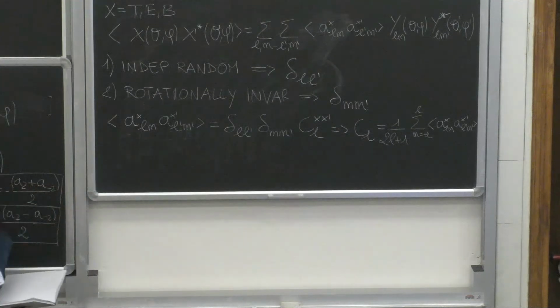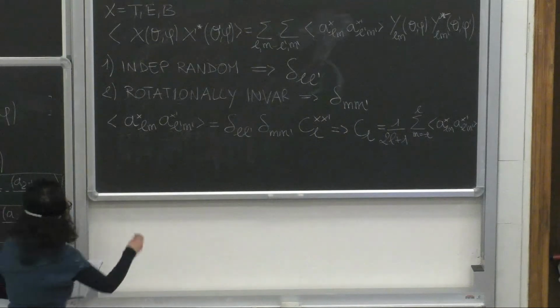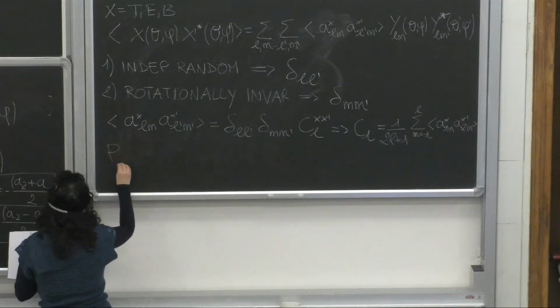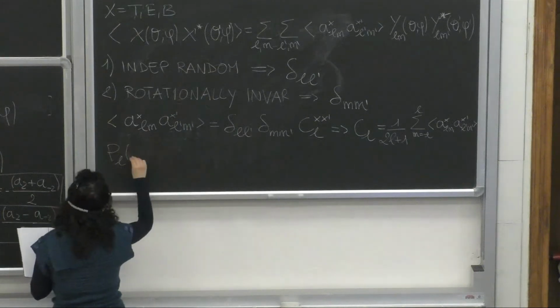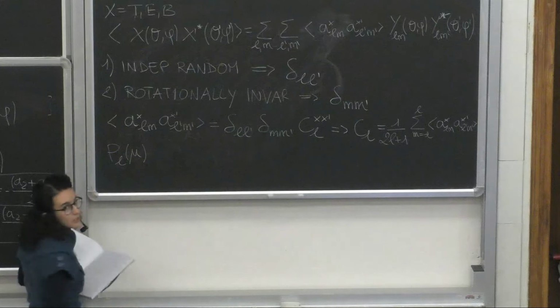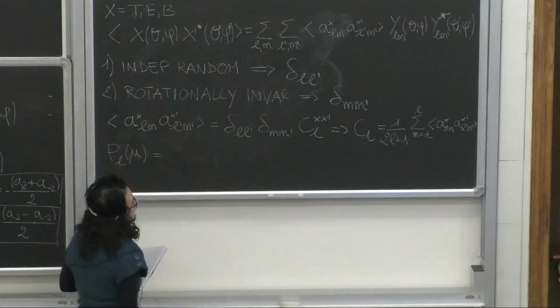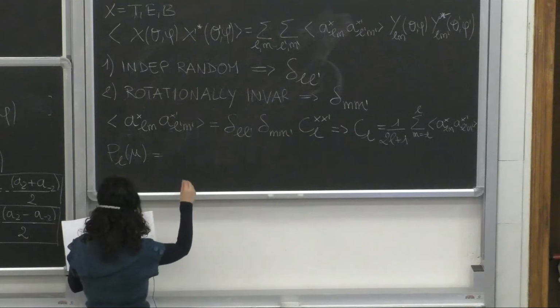Remember that we also expanded the angular dependence, the mu dependence, which is the theta dependence of the fields, in Legendre polynomials. And there is indeed a relationship between the two, because the Legendre polynomial of order L can be expressed as a function of products of spherical harmonics.